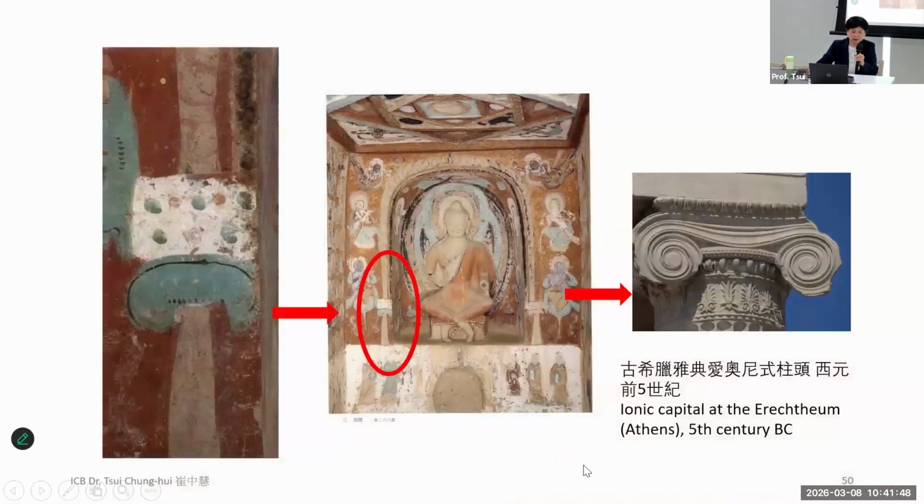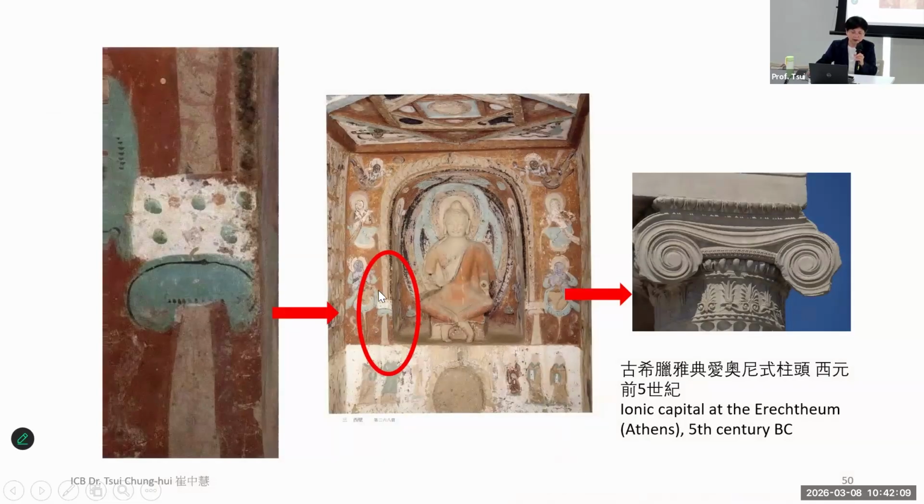So based on the shrine of the Buddha, we have a very unique format of the architecture, the column and the lintel. So the design of the column was with the pattern in the painting.